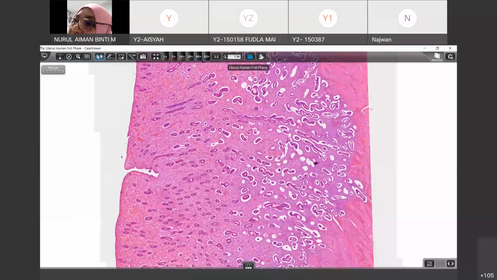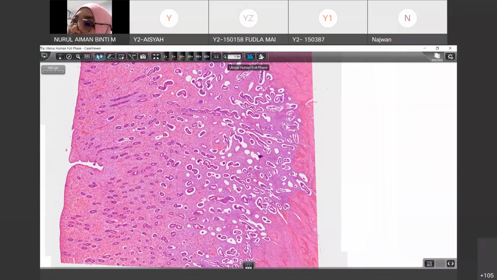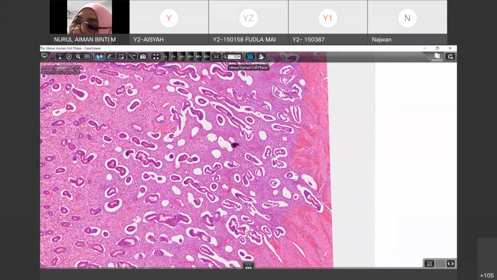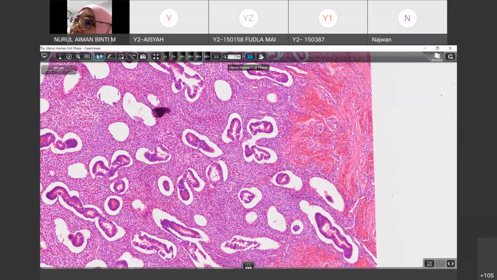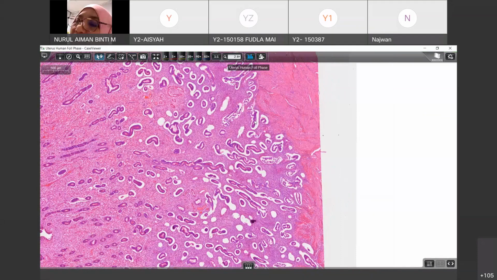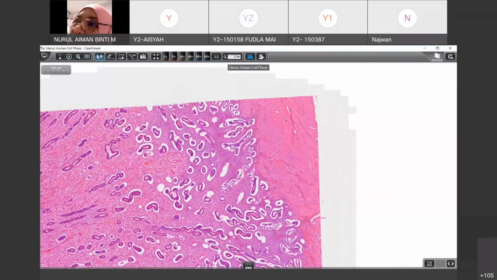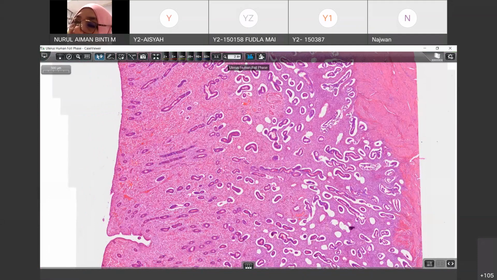At the basal layer, you can only find the basal part of the glands. This is the same, only at the basal part you have more of the base of the gland, the rounded region. But of course, this is the follicular or proliferative phase, where it has started to thicken.